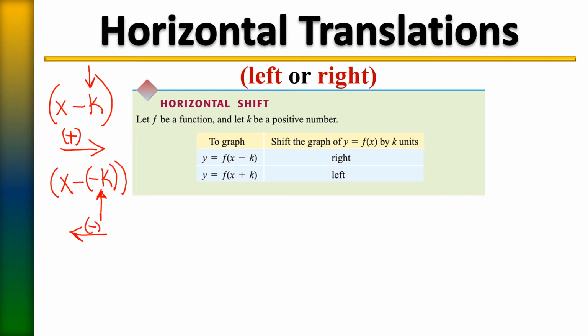Now, when you write that x minus negative k, it looks like x plus k. But again, because that k is negative, when you see plus, you will move to the left.